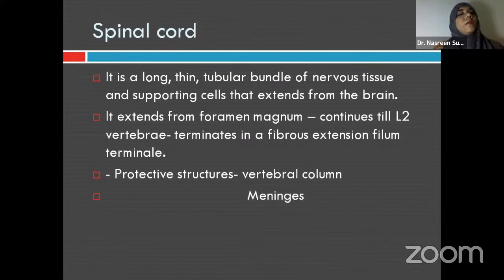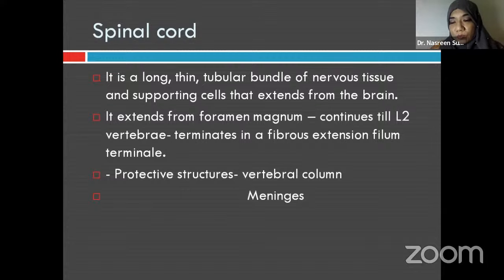Now this spinal cord is going to have two protective structures. One thing is your vertebral column and the other one is your meninges. Their main function is to protect the spinal cord.